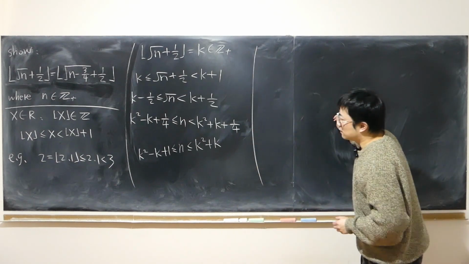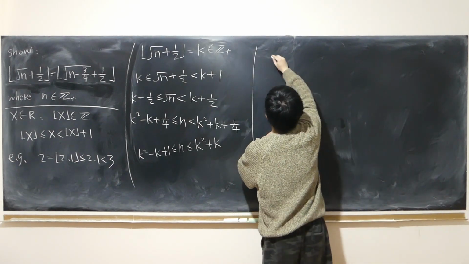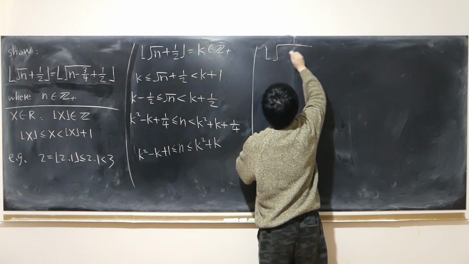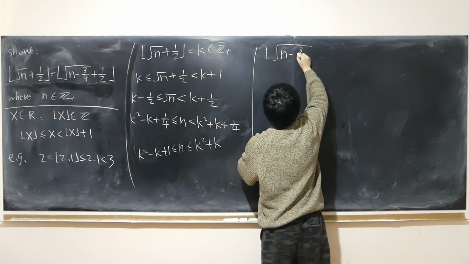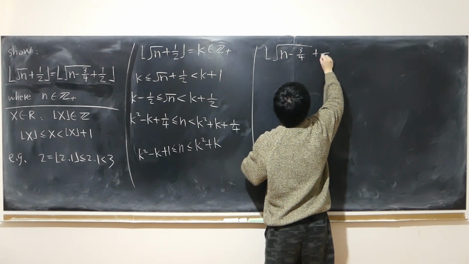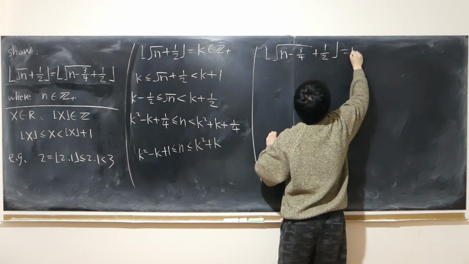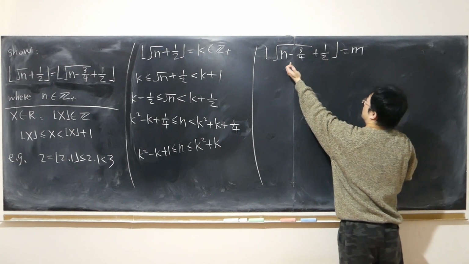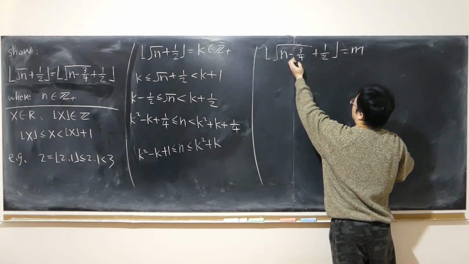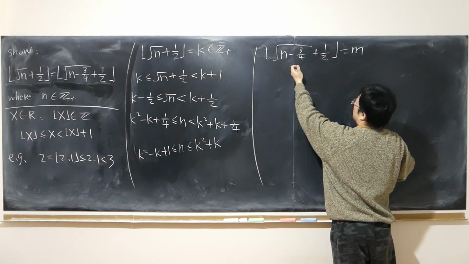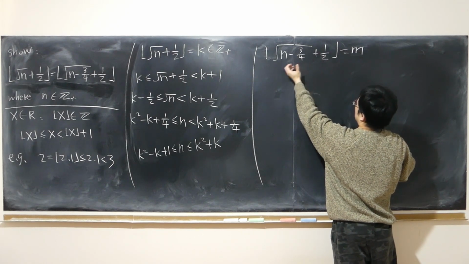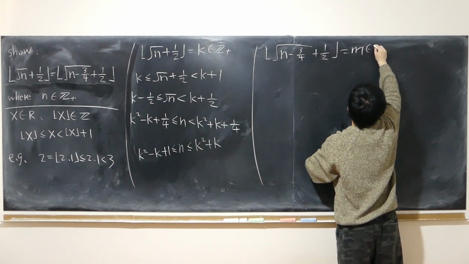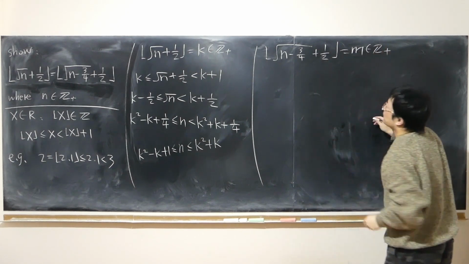Second, I denote the floor of square root of n minus 3 over 4 plus half as m. Likewise, n is at least 1, so that's at least 1 over 4. Square rooted, half plus half, is at least 1, no problem, a positive integer.